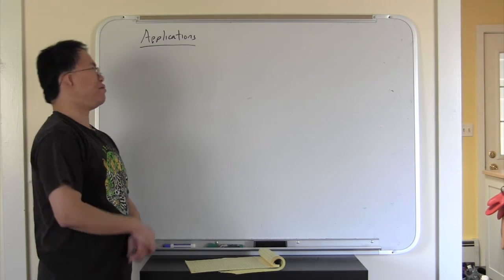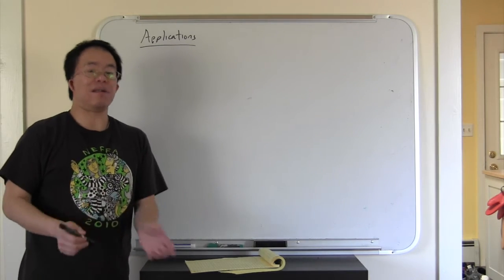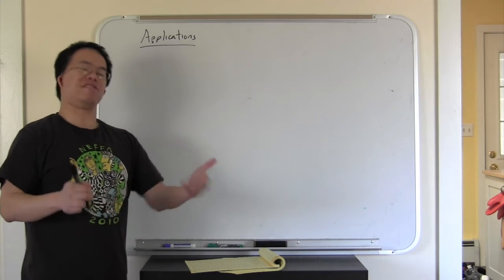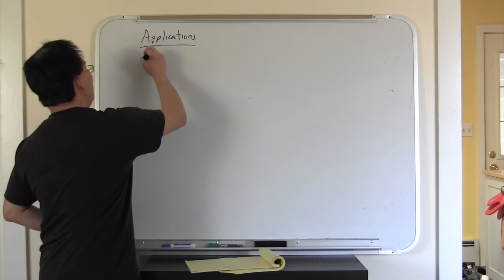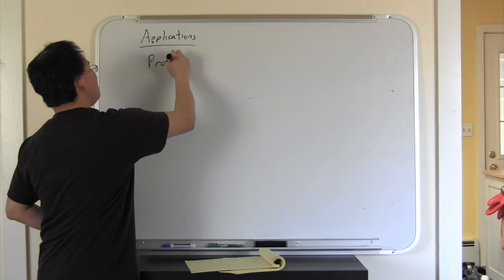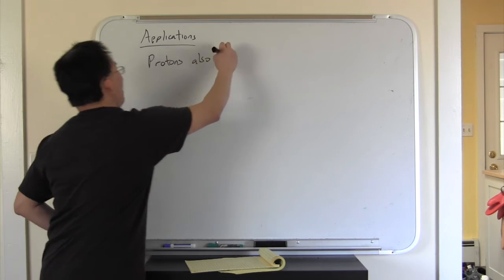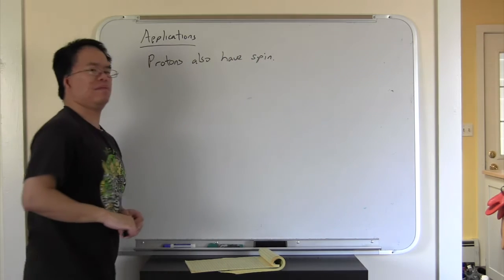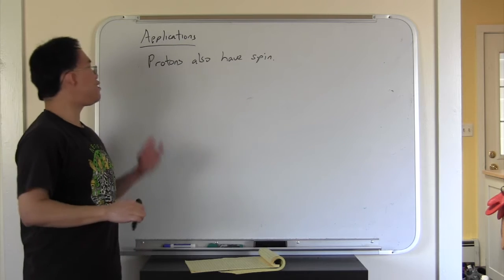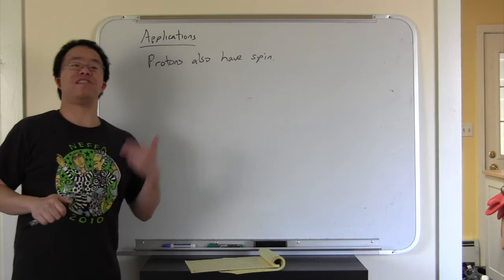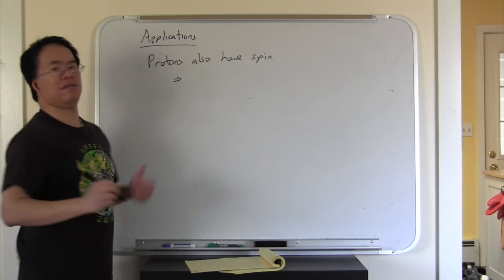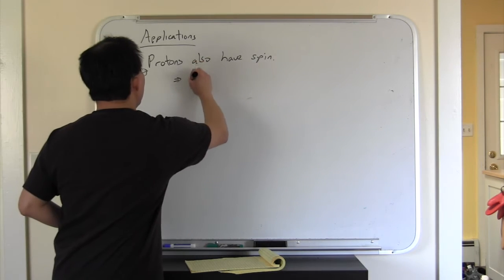Another connection to more physics is that electrons aren't the only particles with spin, and specifically spin 1/2. Protons also have spin, and it turns out that the spin of protons has applications in things like nuclear magnetic resonance.